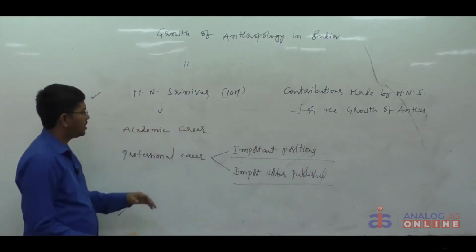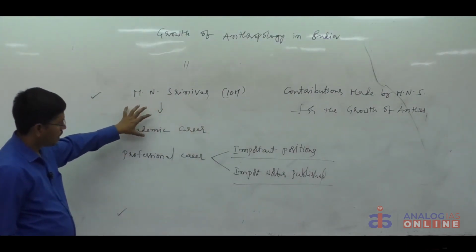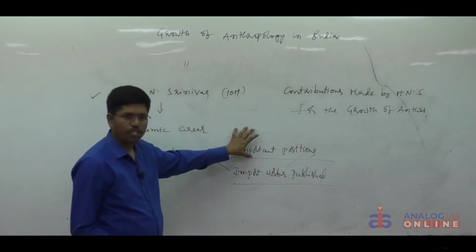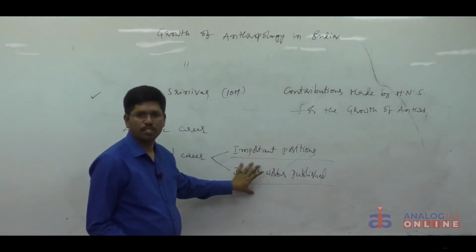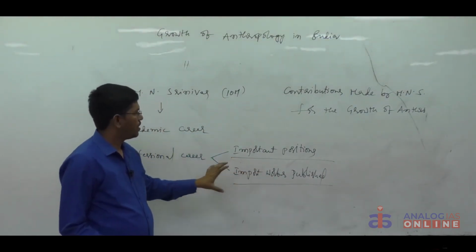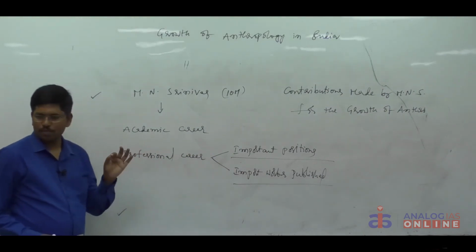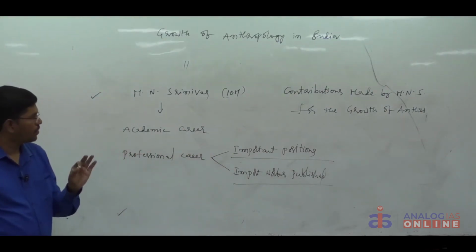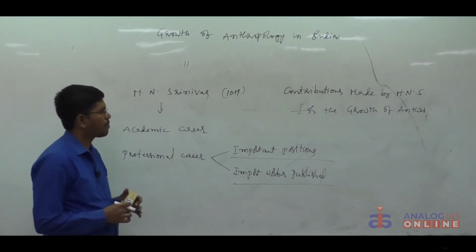In your answer, these three subheadings must be there: academic career, important positions held, and important works published. Your answer must be in the form of subheadings, then only you will get very good marks.